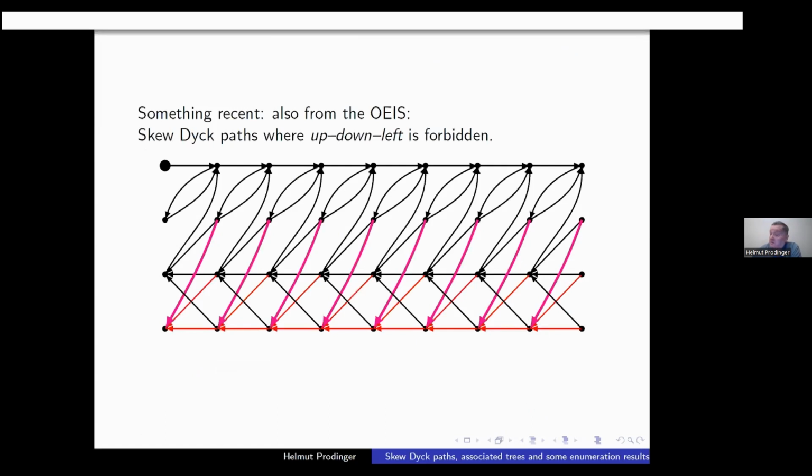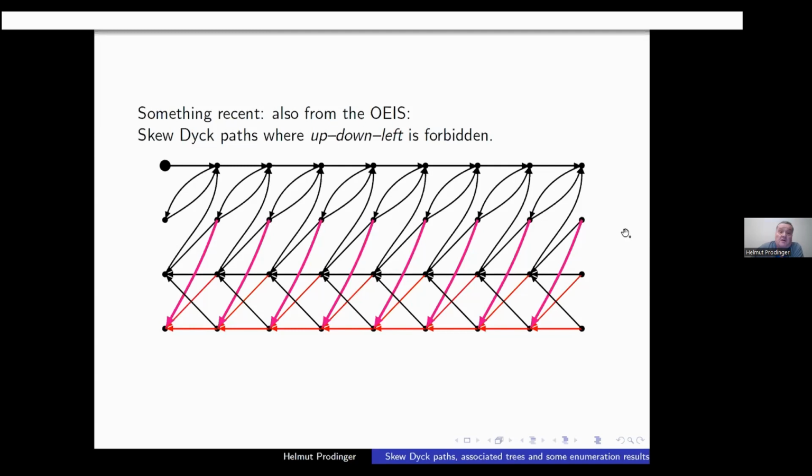Okay, so then just briefly at the end, I want to mention some other things that I have seen in the Encyclopedia of Integer Sequences, namely skew Dyck paths, where up, down, left in one sequence is forbidden. For some reason, I found this in the encyclopedia, and unproven properties were given.